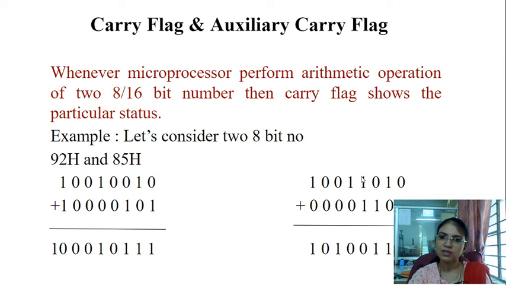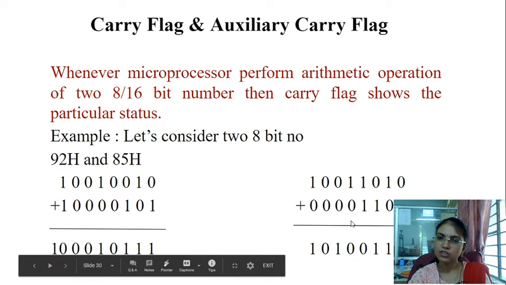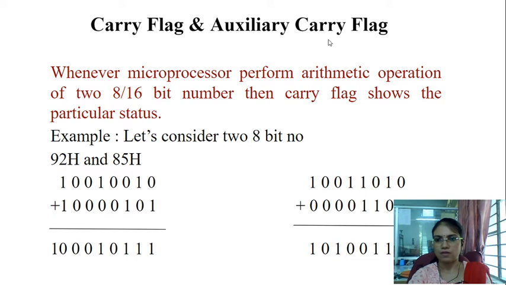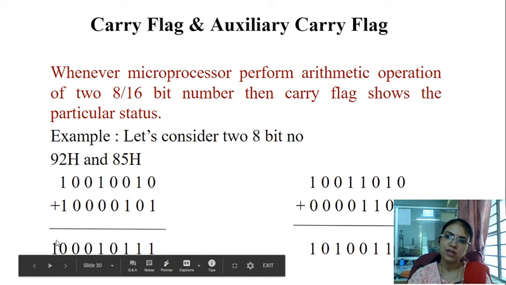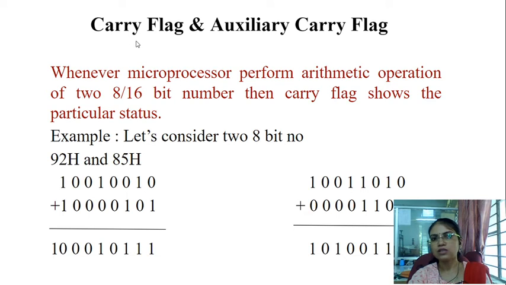In the auxiliary carry flag, after the 4 LSBs are added, if carry is generated, that bit is copied into the auxiliary carry flag. While in the carry flag, after adding the 8 LSBs, if the carry is generated, that is copied into the carry flag. Are you getting the difference between carry flag and auxiliary carry flag?